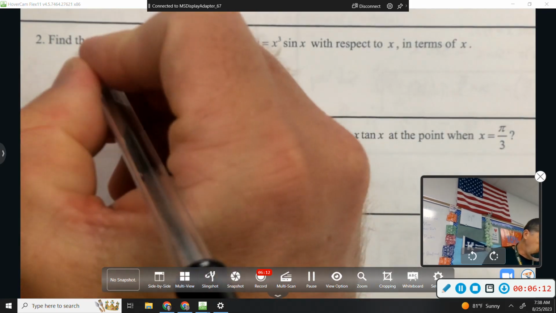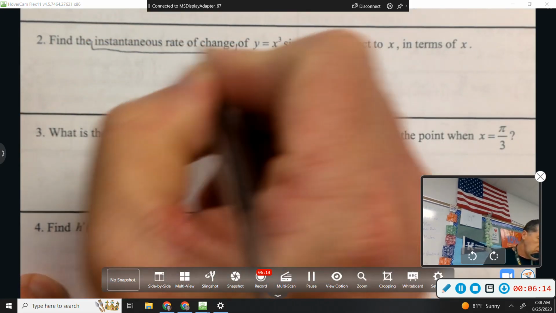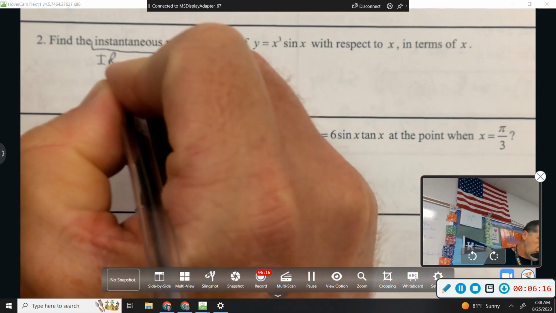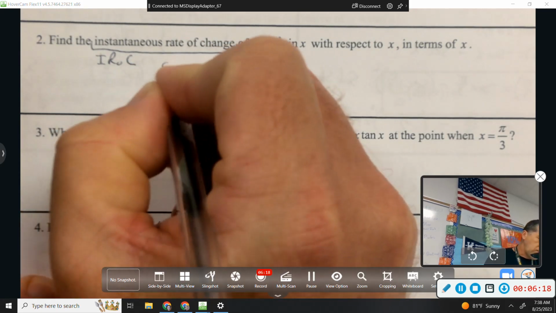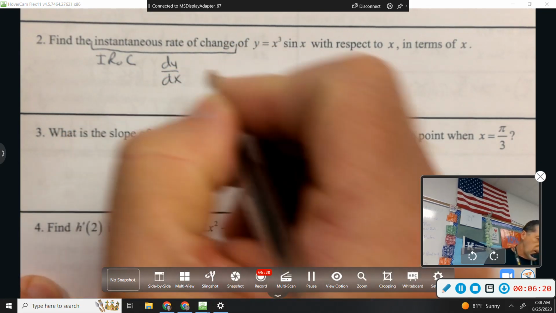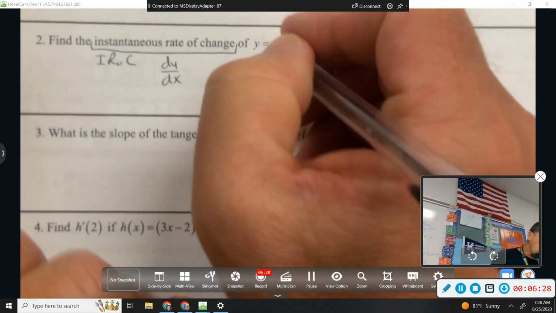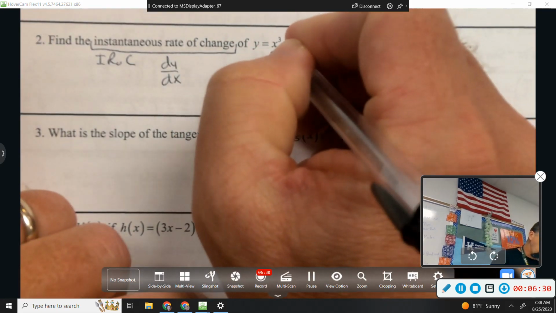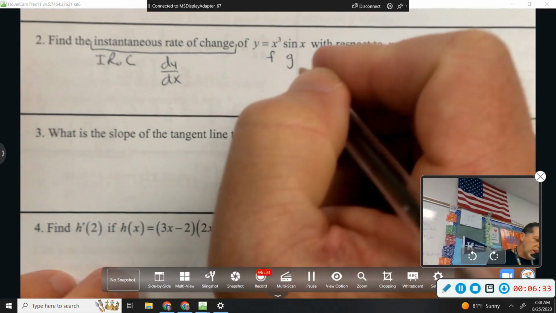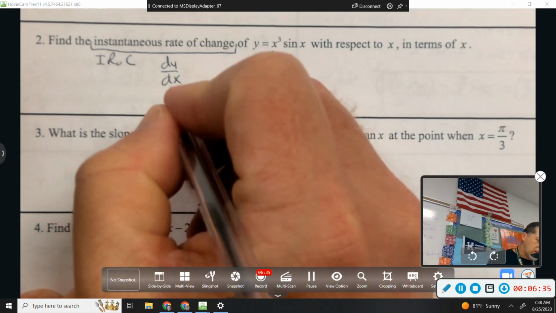Number 2, find the instantaneous rate of change. Again, that just means the derivative of x cubed sine x with respect to x, in terms of x. Find the derivative. So I'll kind of go halfway on this one. I'll call x cubed f, and g I'll call sine x.